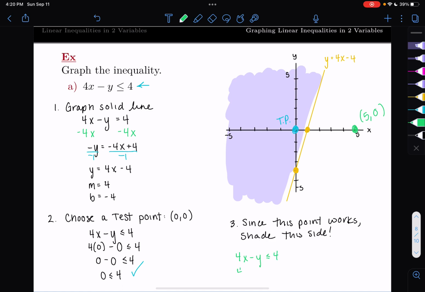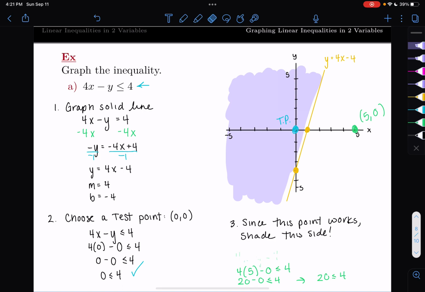If we plugged in x is 5 and y is 0, we would end up with 20 minus 0 is less than or equal to 4, which is 20 is less than or equal to 4. So this test point wouldn't work, which means you shade the other side. It really makes no difference what point you pick. 0, 0 is just always nice.